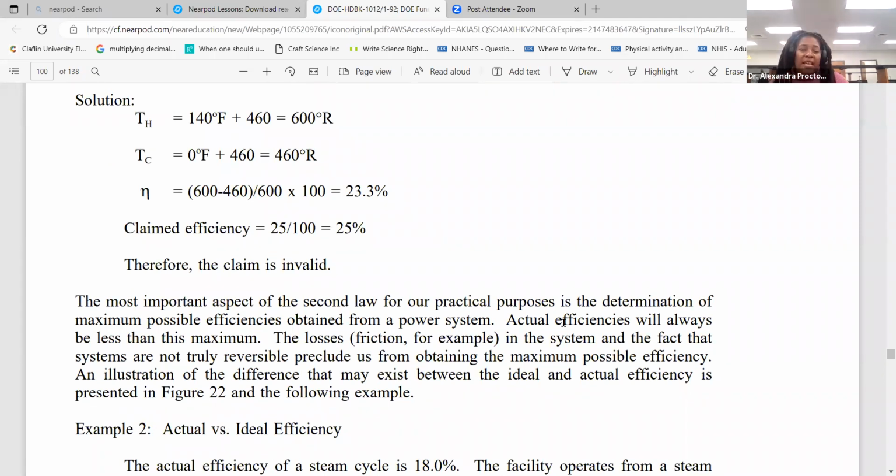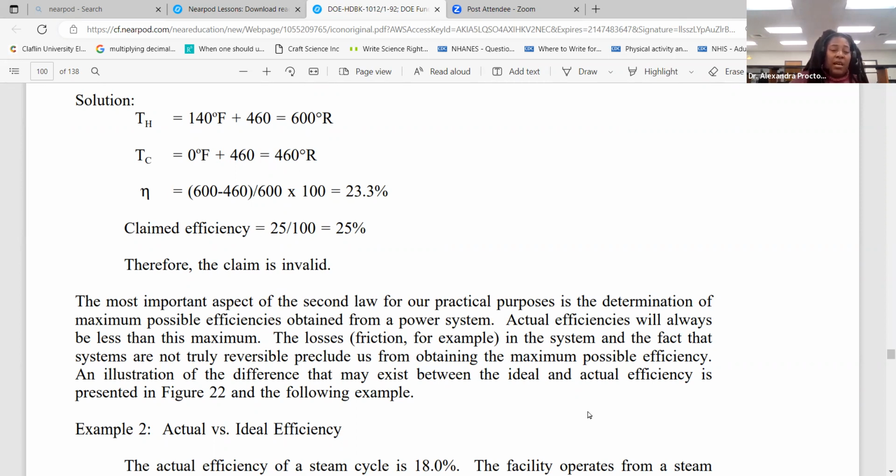So the most important aspect of the second law for our purposes is determination of maximum possible efficiencies obtained from a power system. Actual efficiencies will always be less than the maximum. And the losses, friction for example, in the system and the fact that the systems are not truly reversible preclude us from obtaining the maximum possible efficiency.